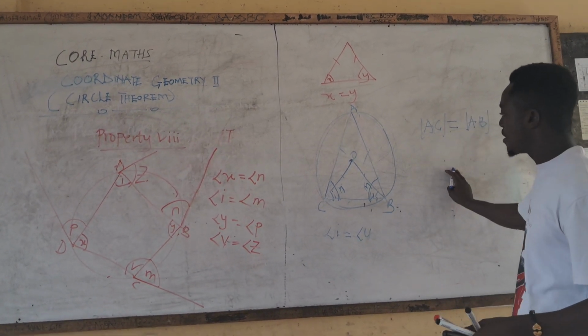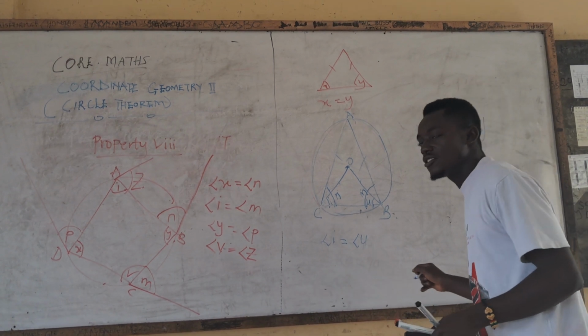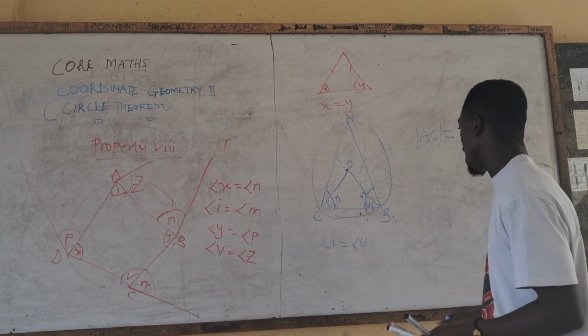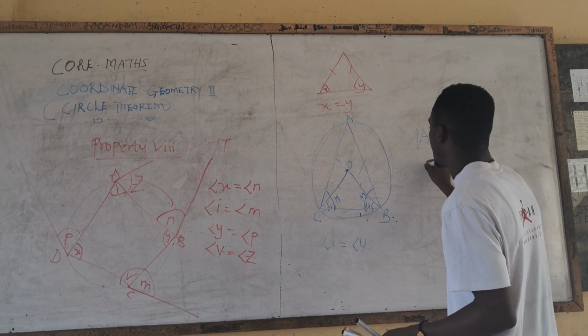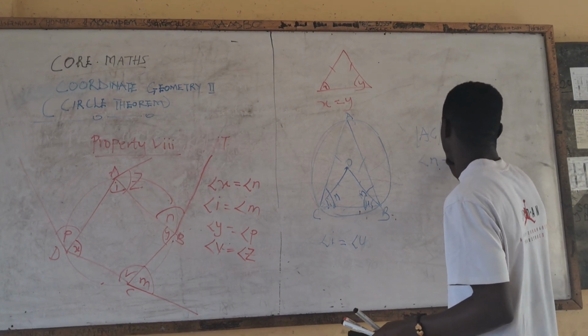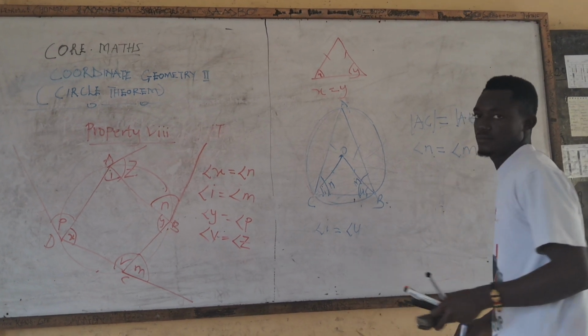Since they are equal, then the angles formed by them at the circumference, joined by the same chord, are also what? Equal. Then we can say that the angle N is also equal to the angle M.